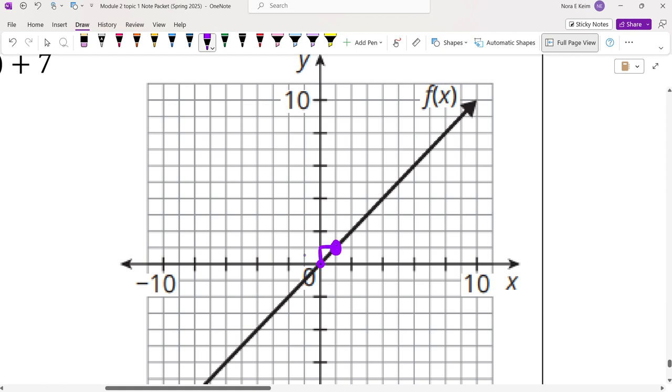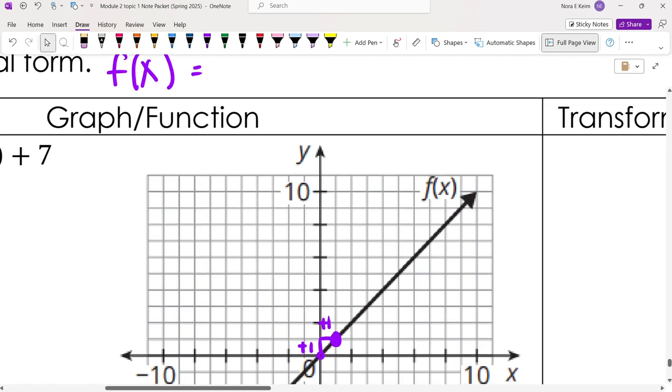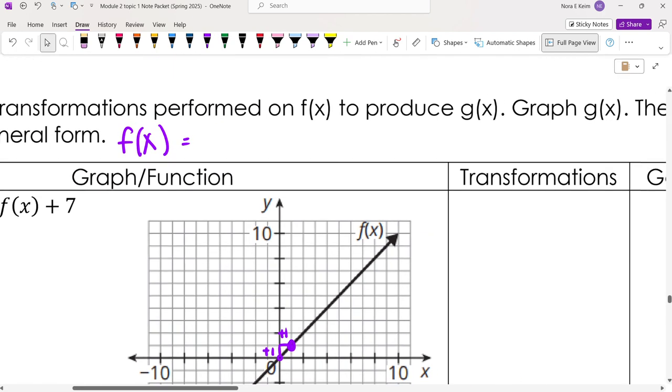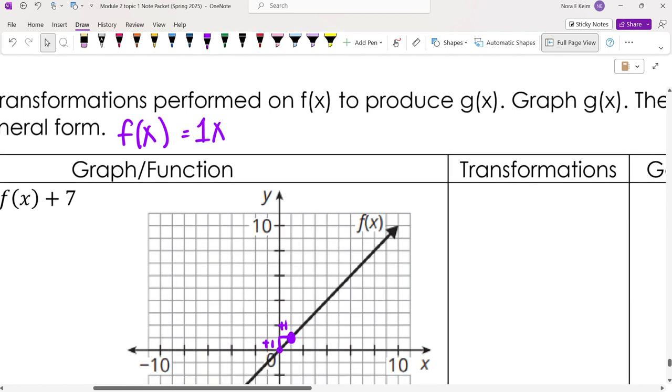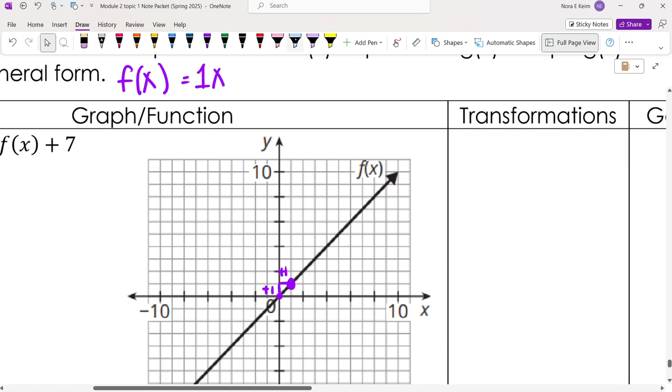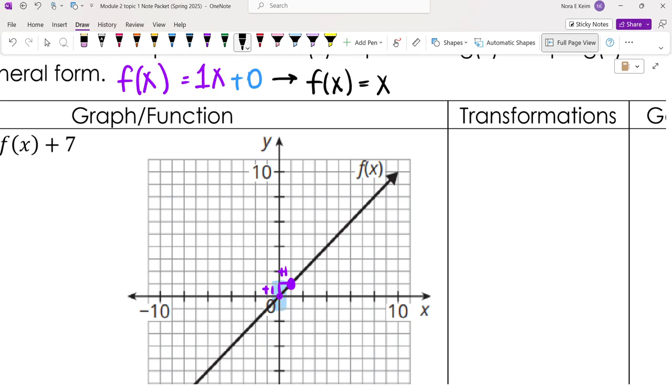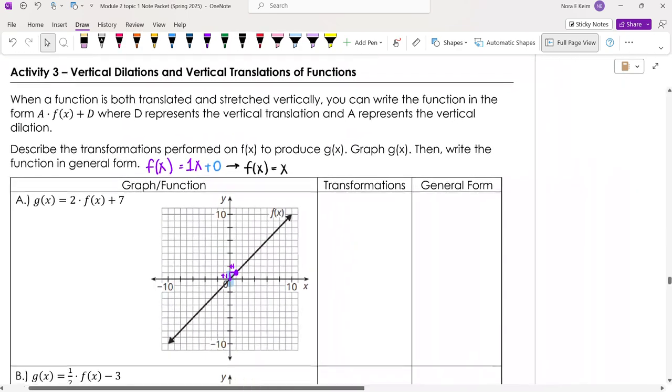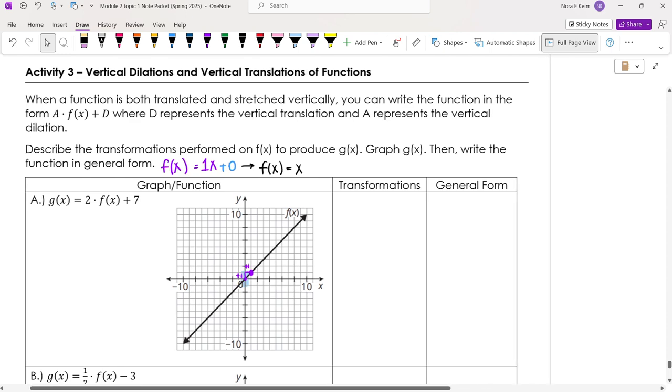So I go up 1, right 1. That means I have a slope of 1. And then I notice I have a y-intercept at 0, 0. So f of x equals 1x plus 0, or f of x just equals x.